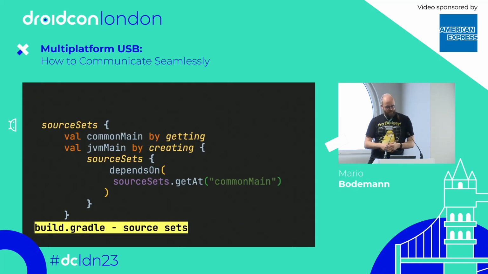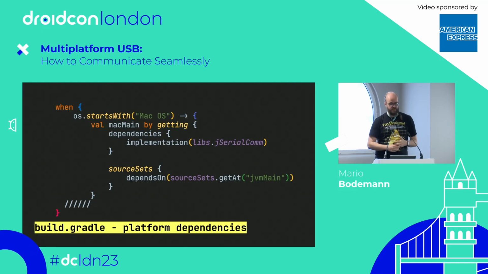Because the file name, again, comes in later. We set the dependencies from the JVM main to the common main by just specifying it like it's written there on the big screen, right? So you're saying that the source set of the JVM main is depending on the source set of the common main. And that's also the approach we are taking for this one.